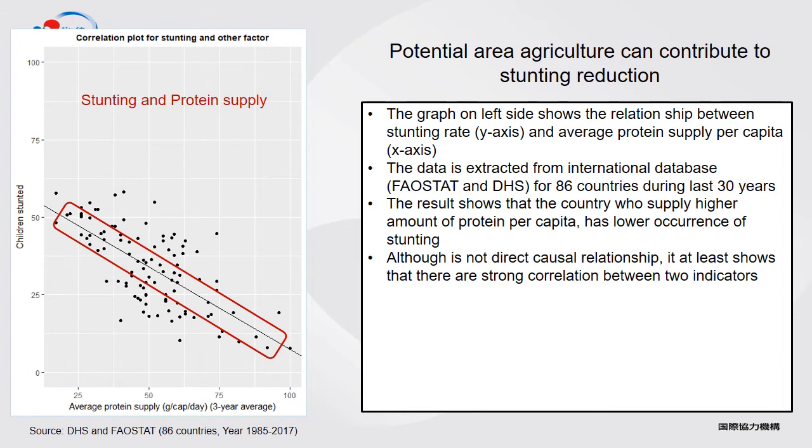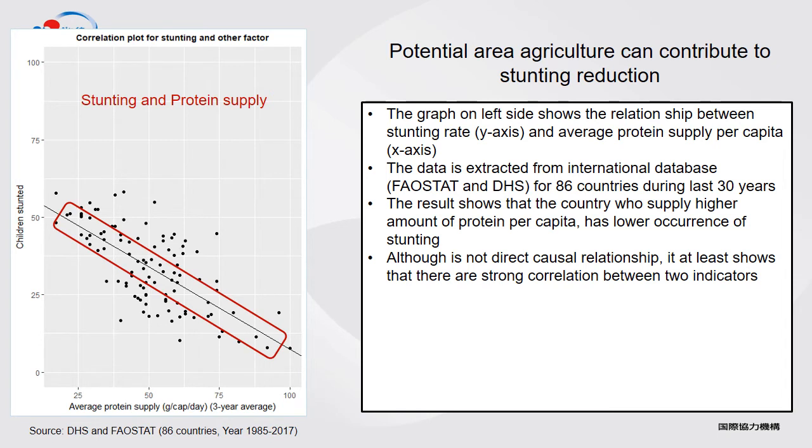From the scientific literature, we understand the causality of stunting is very complex, and we cannot say a single nutrient can resolve all the stunting problem. However, from this graph, we can at least say there is a potential for the agriculture sector to contribute to stunting reduction.